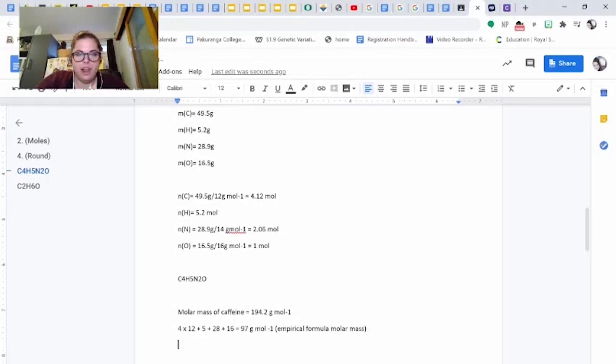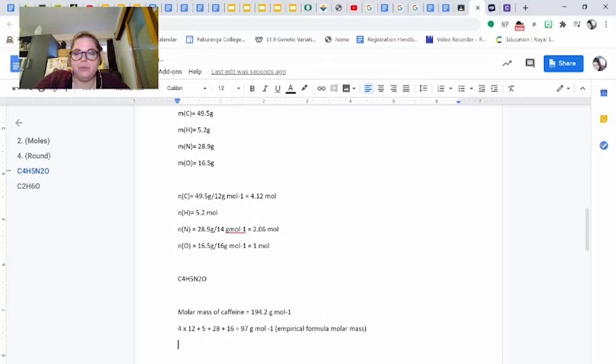Cool. Then we get that number and we go 97 divided by 194.2 gives you 0.49999, which means you need to double the number of, let me do this a better way.